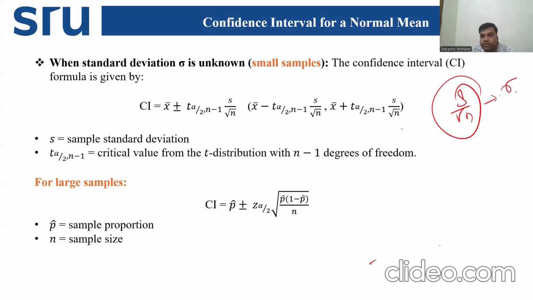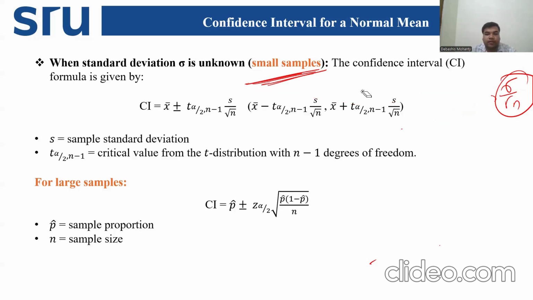Normally we take sigma divided by square root of n. So here the sample size is small. That is very important. Small sample, right? Okay. Next, here t alpha by 2, n minus 1 is the critical value of the t distribution, with n minus 1 as the degree of freedom. That is very important, students.